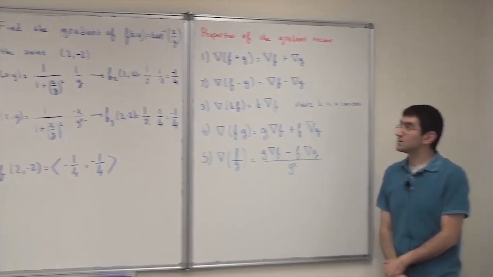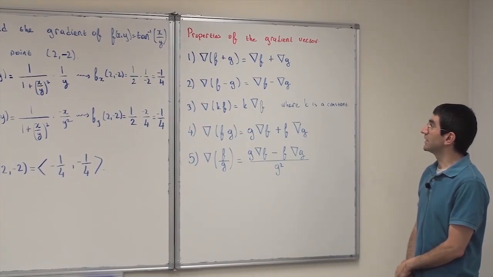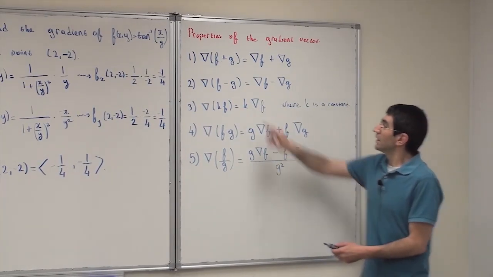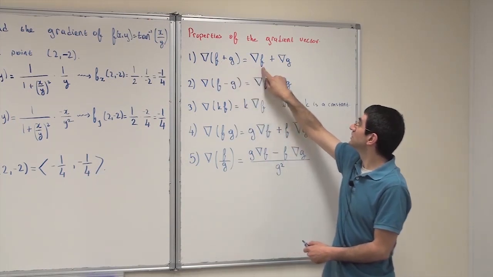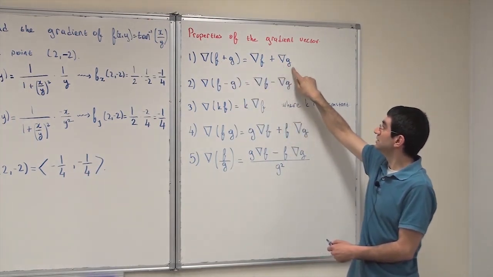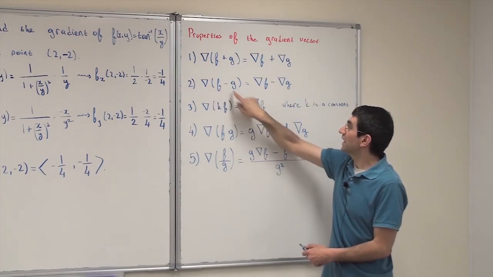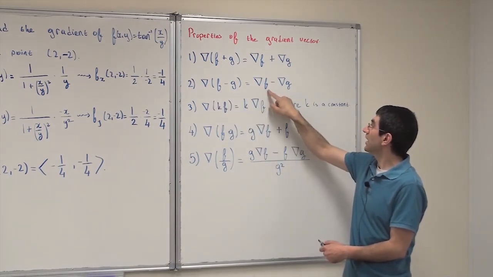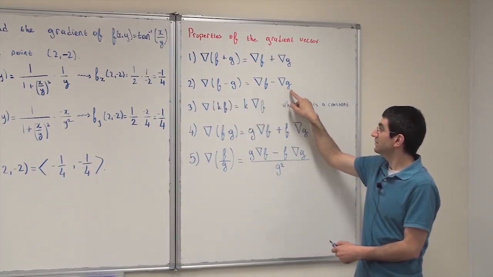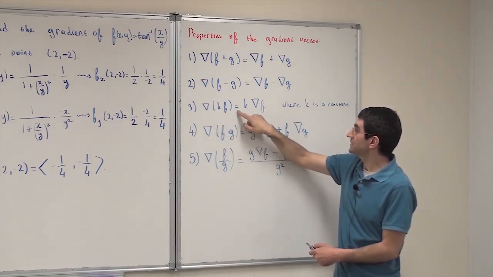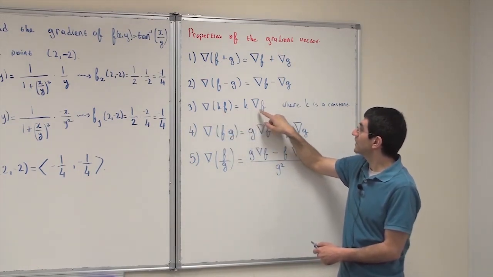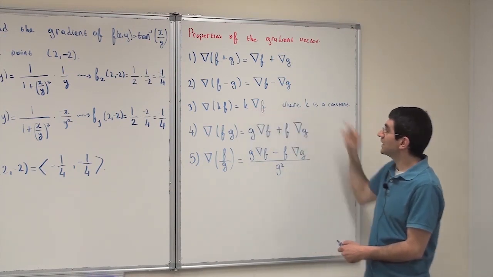Okay, now let's look at some properties of the gradient vector. The gradient of f plus g is equal to the gradient of f plus the gradient of g. The gradient of f minus g is the gradient of f minus the gradient of g. The gradient of k times f is k times the gradient of f, where k is a constant.